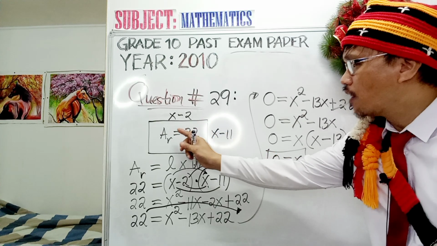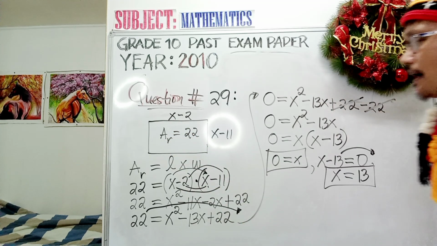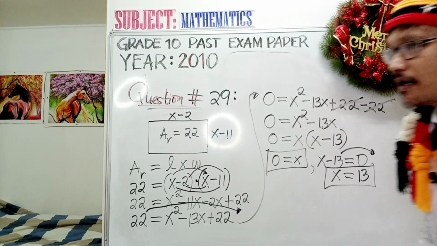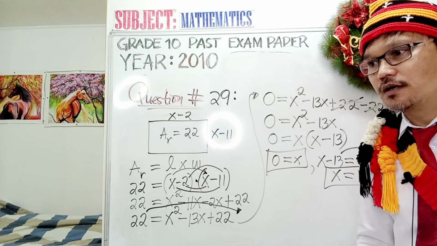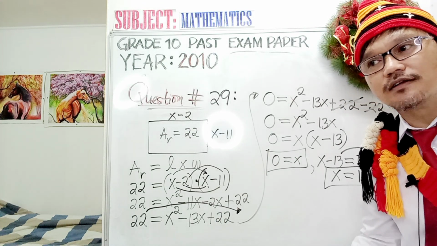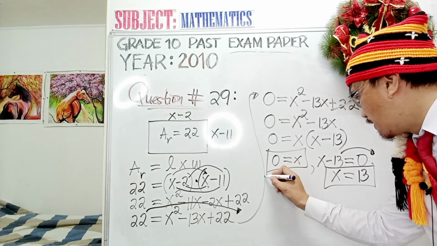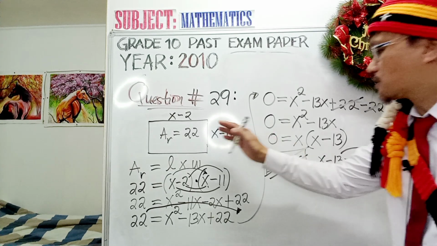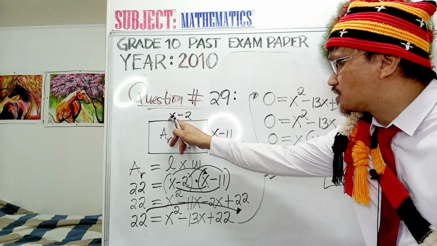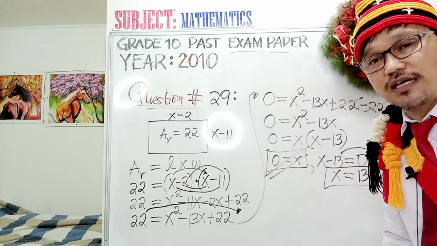Now, however, when it comes to the measurement of the side, there's no such thing as negative 2 centimeters. So we will not be able to use x is equal to 0, because when you substitute x is equal to 0, then 0 minus 2, you will have negative 2 centimeters. That is wrong.